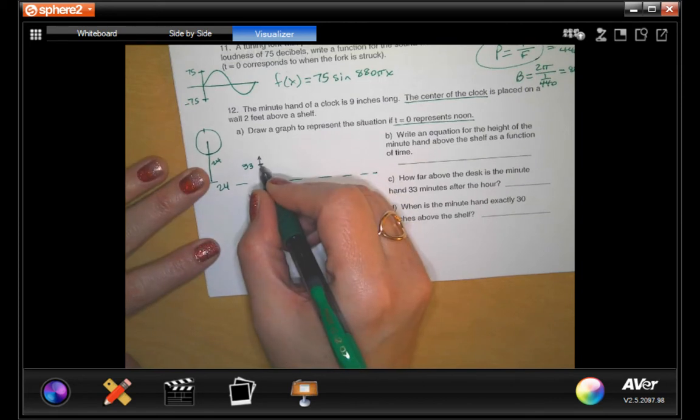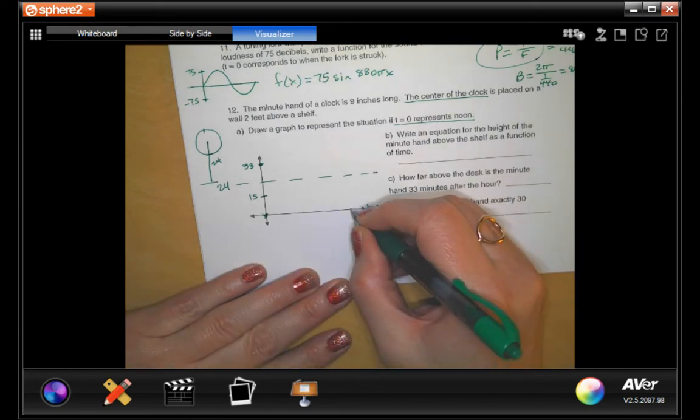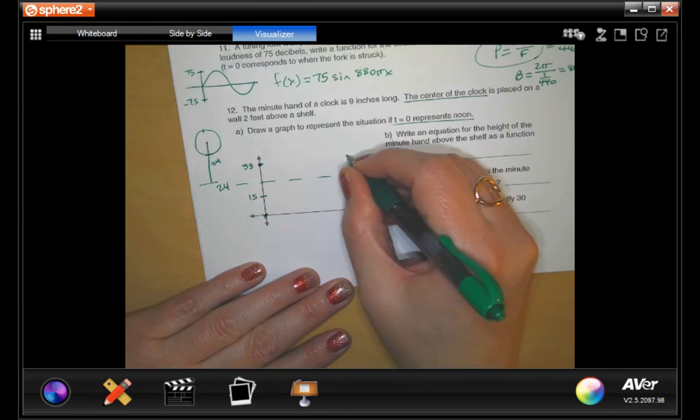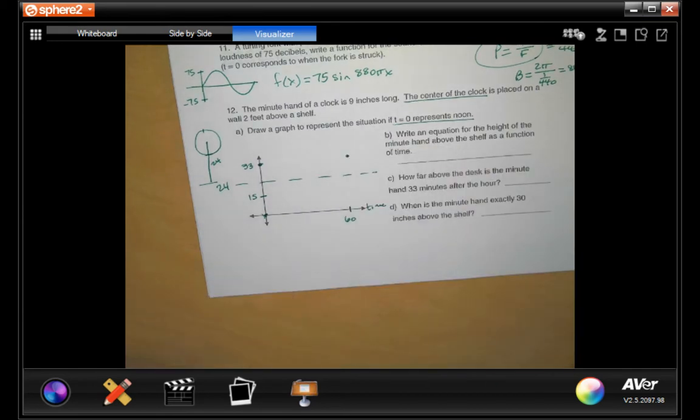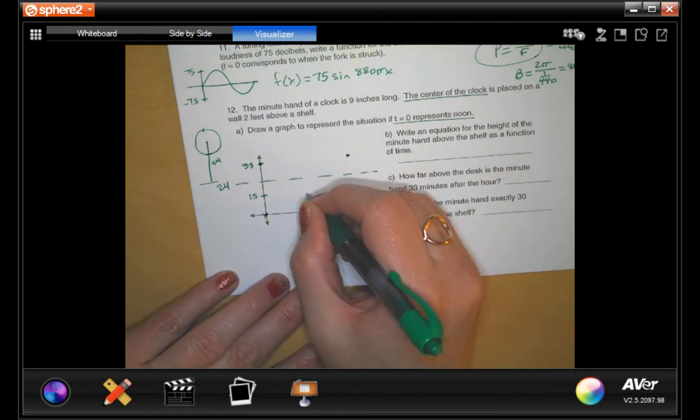So at 0 hours, we are at its highest. When's the next time we're going to be at that high? 60 minutes later, we're going to be back up here at 33 inches above the shelf. When are we going to be at our lowest? 30 minutes, when we're pointing straight down, at the 6, right?